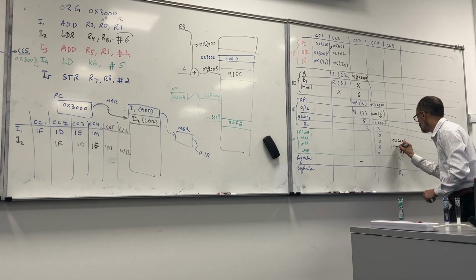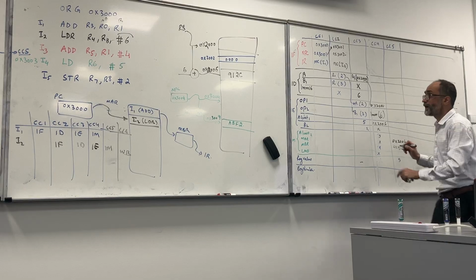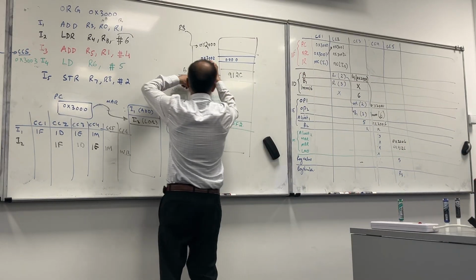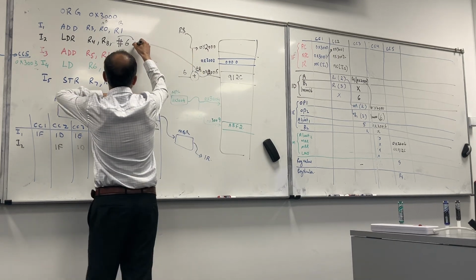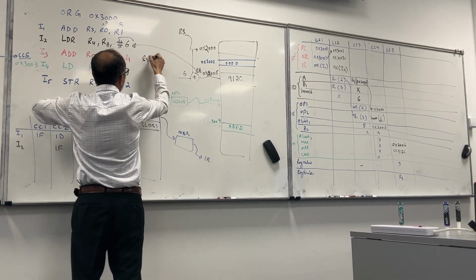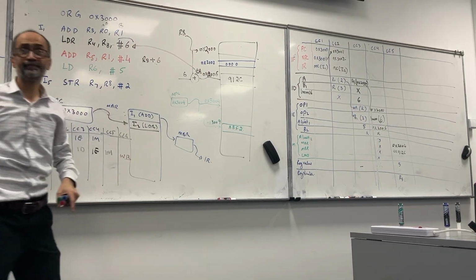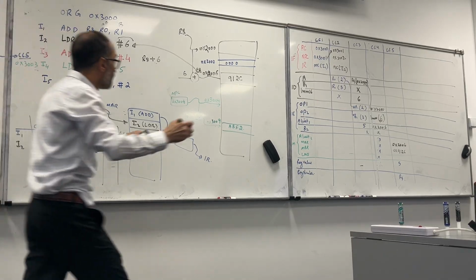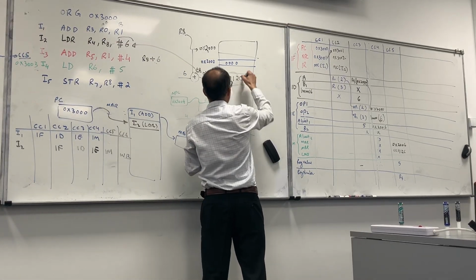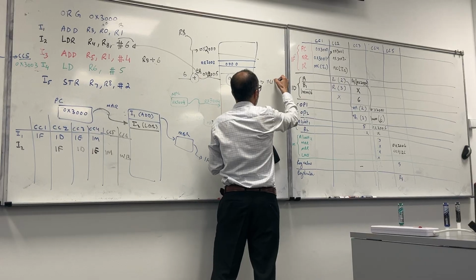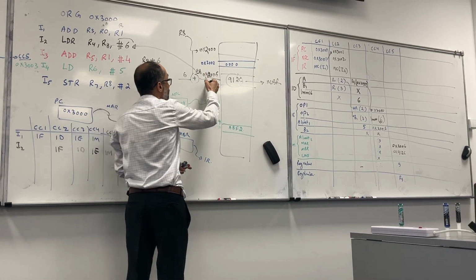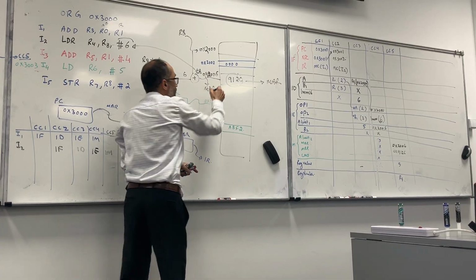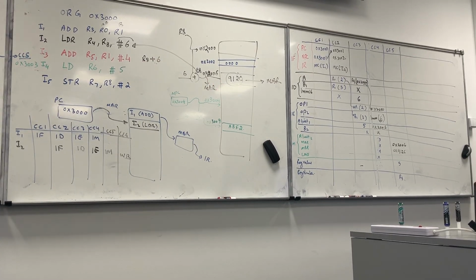Very good. Because can you see here, this is now the effective address, and the effective address is calculated by R8 plus 6. This value will go to MAR in the memory stage, and the data value will go to MBR in the memory stage. Any question?